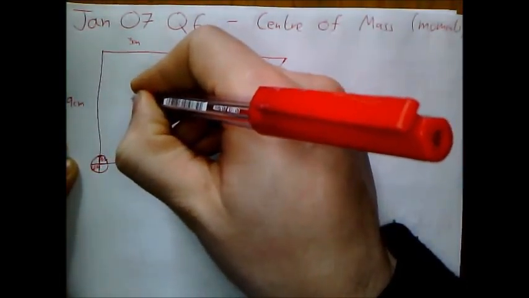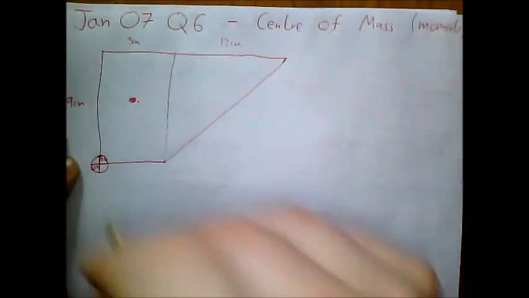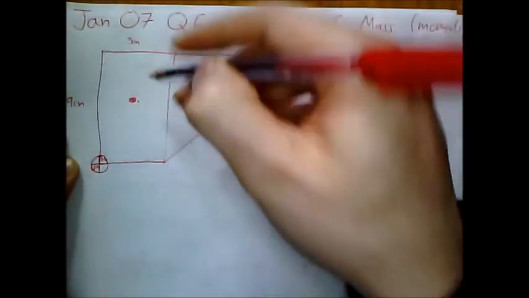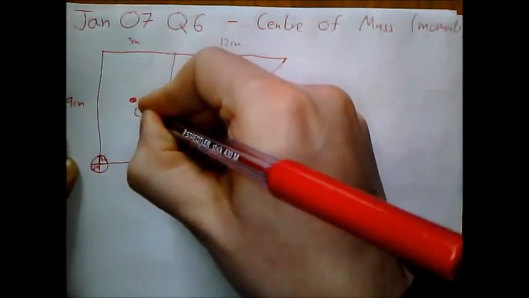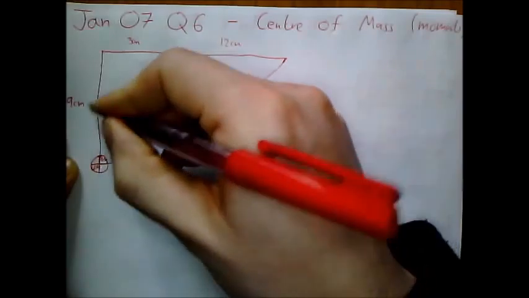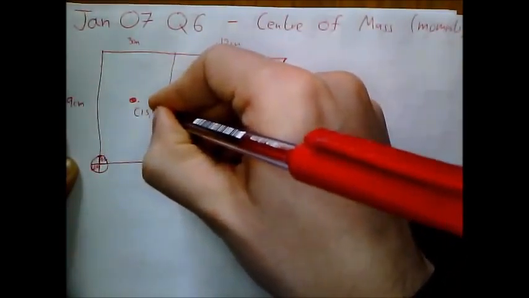The rectangle is fairly straightforward. Using symmetry, its centre of mass is 1.5 centimetres from the datum position horizontally, and 4.5 centimetres away vertically, because it's perfectly in the centre.